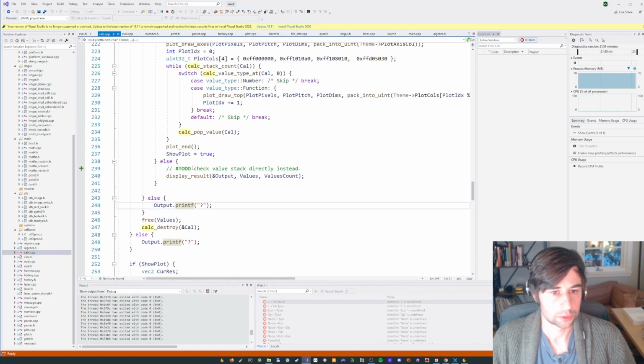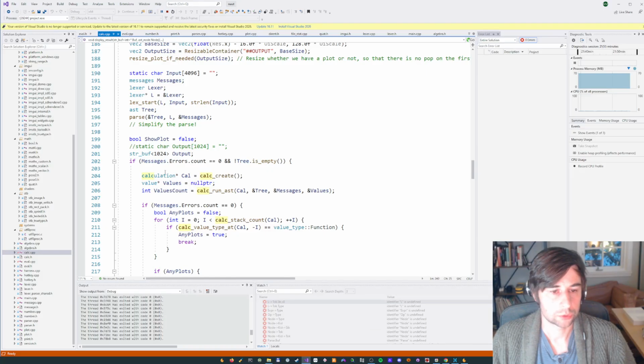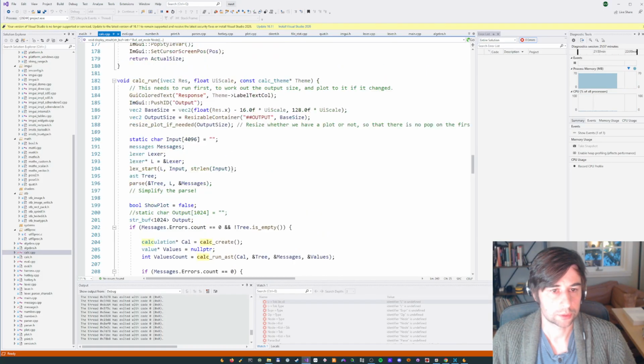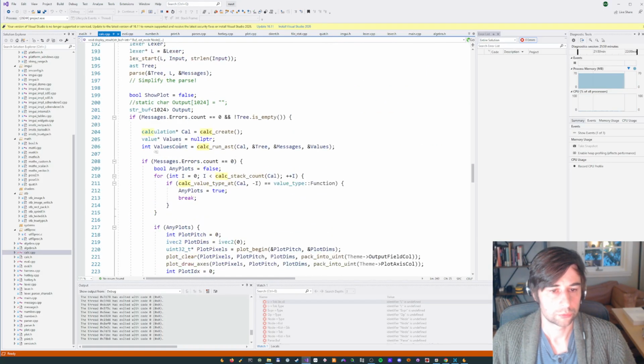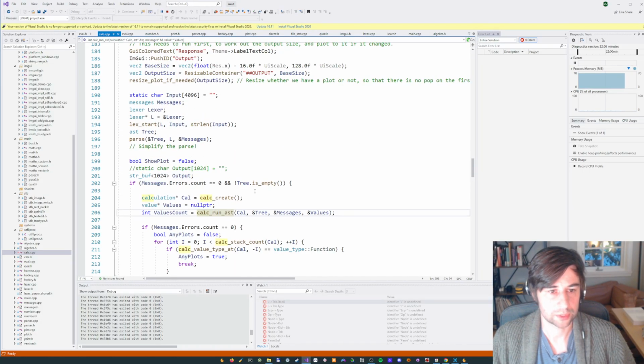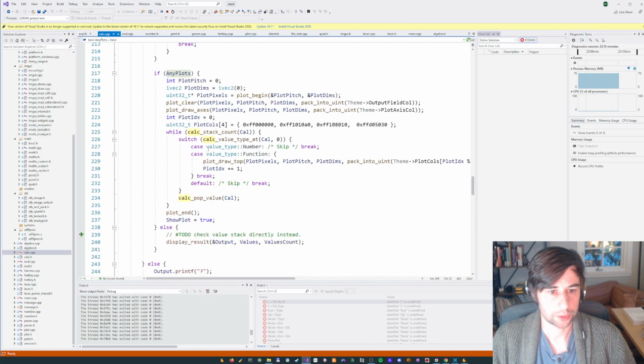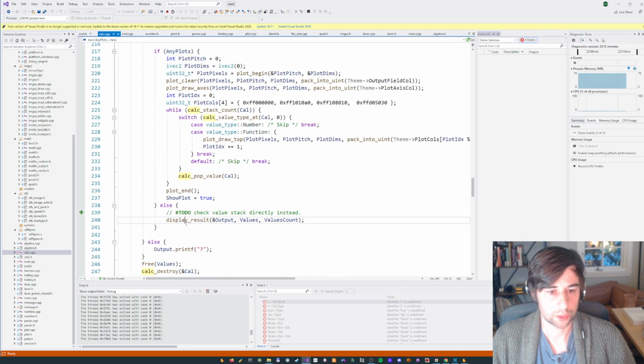Okay, display result. So here's the actual part that does the calculation. We create a calculator, we run the AST that we parsed. Here's where it's parsing the message. And then if there are no errors, we check for plots. If there are plots, we plot them. Otherwise, we display the result.